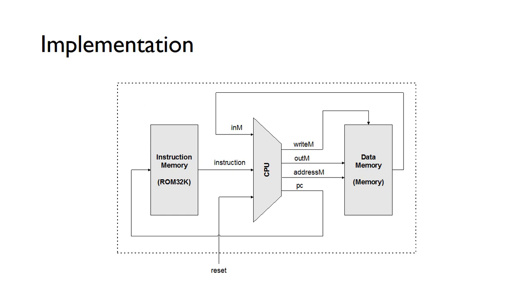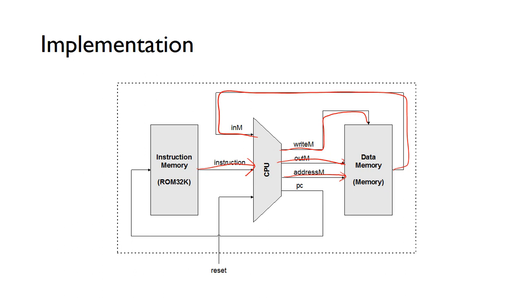The instruction memory is easy to connect up with the CPU. Just get the output of the ROM, and it goes into the instruction input of the CPU. Again, the output of the RAM just feeds into the CPU. Then we've got these 3 outputs from the CPU that go into the data memory.